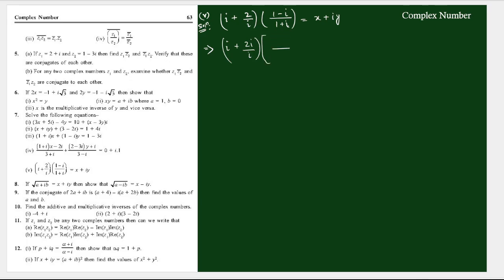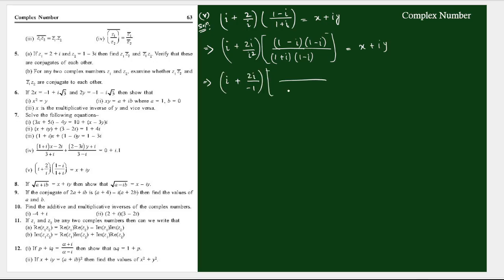And here we multiply with the conjugate. x plus iy. So this is your i square. So this is minus 1 by 2i.